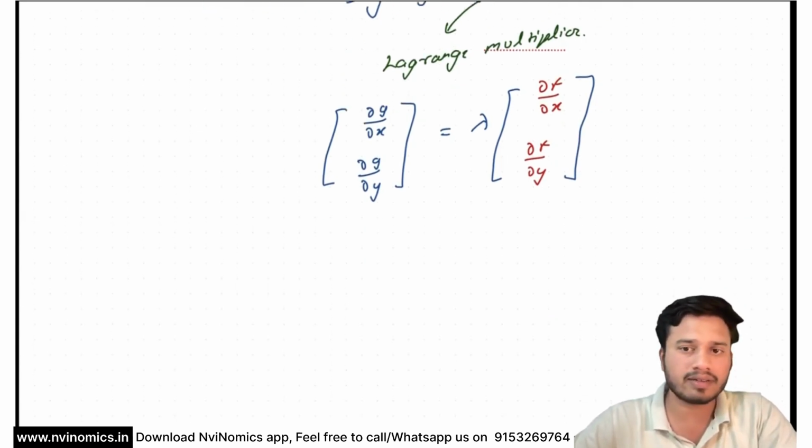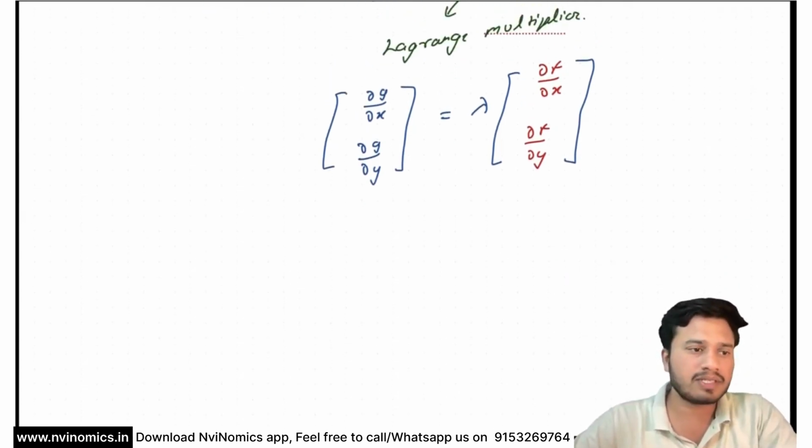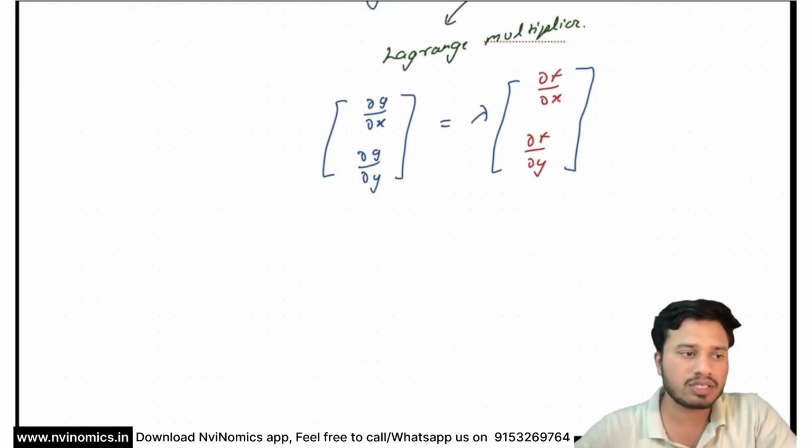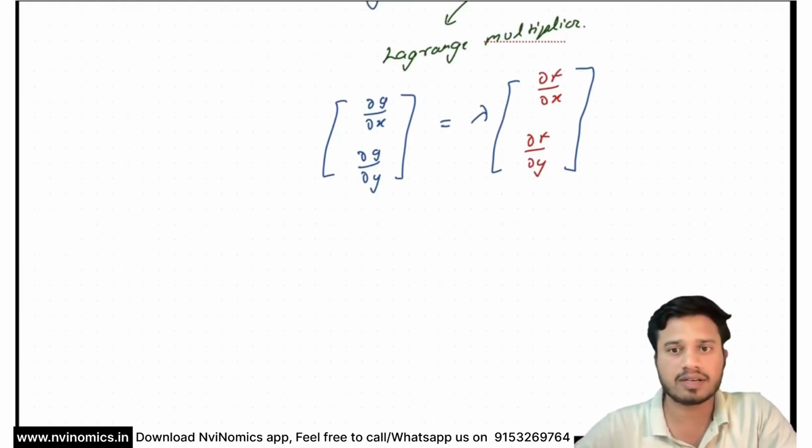You have to find x and y. But the problem is that there are only two equations and there are three variables, one of which is lambda.